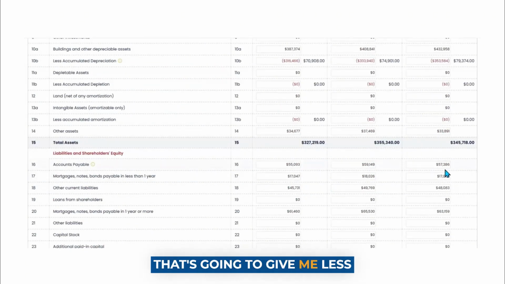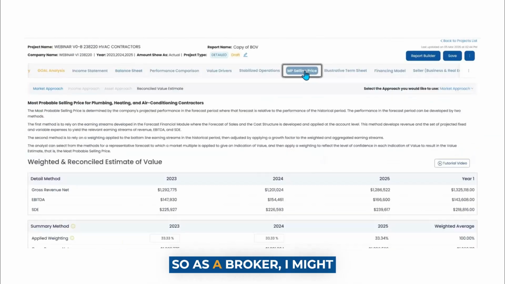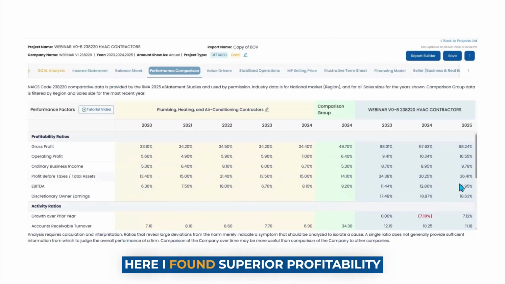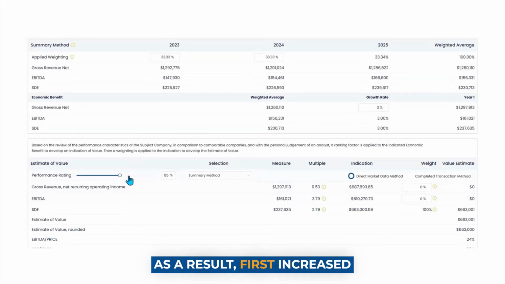That's going to give me less available working capital and to manage cash flow. So as a broker, I might indicate my adjustment. Here I found superior profitability and inferior efficiency. As a result, first, increase my selling price based on profitability, and I decreased my price based on efficiency.